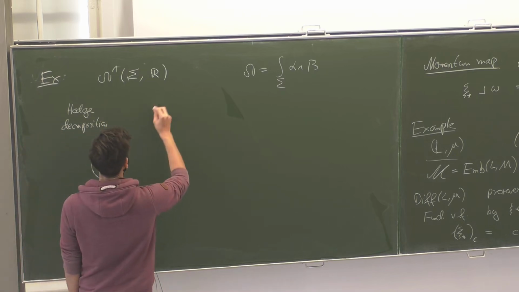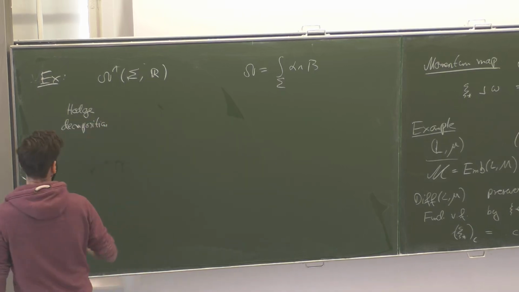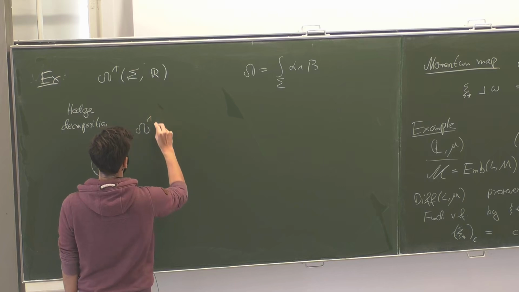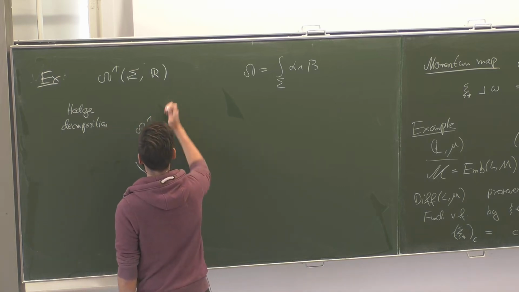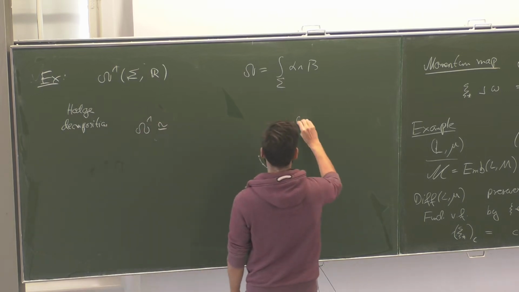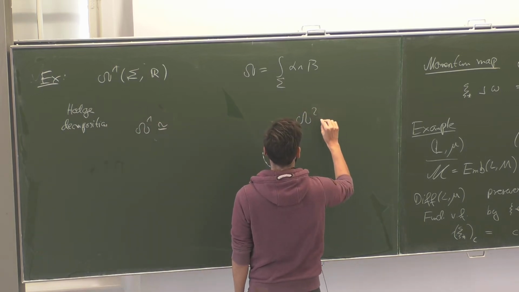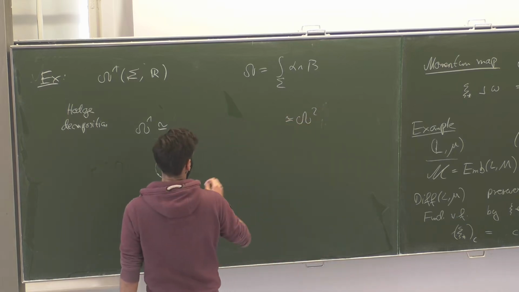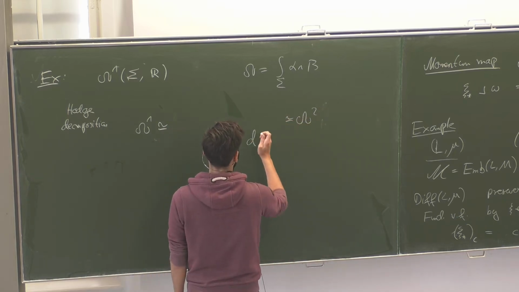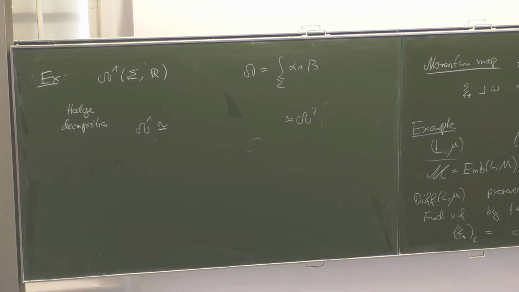So we have two Hodge decompositions, namely the first one is of the one forms, and the second one is of the target of the momentum map, which are two forms.